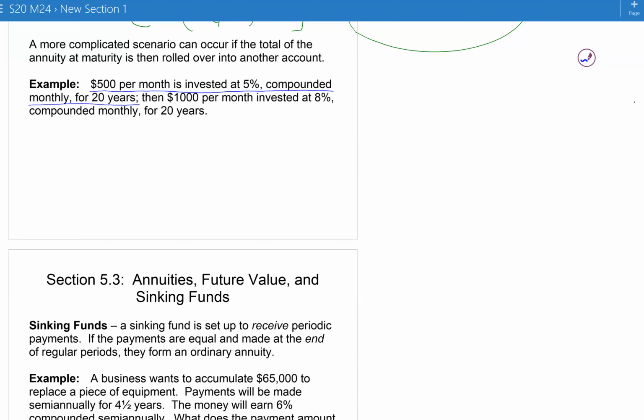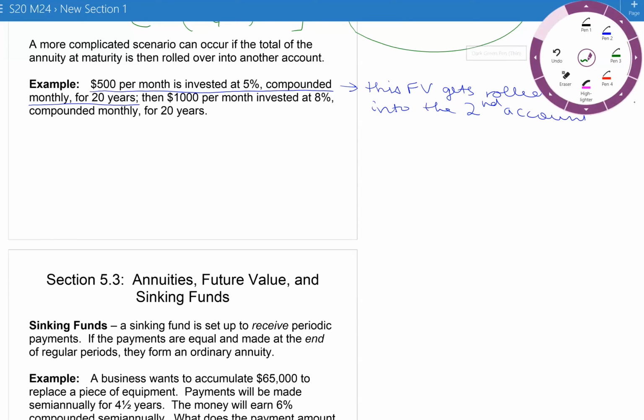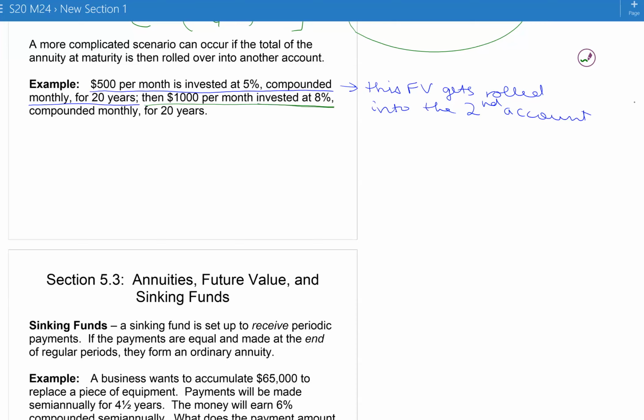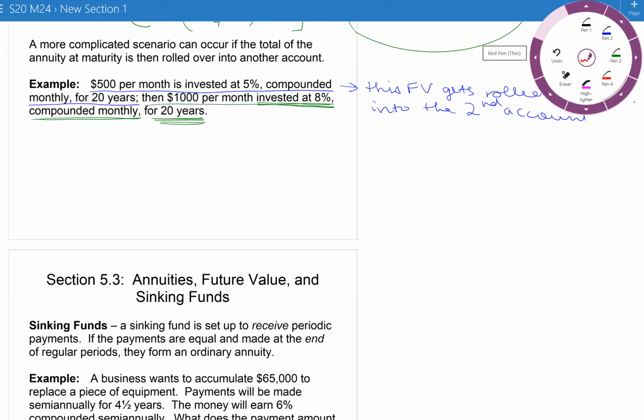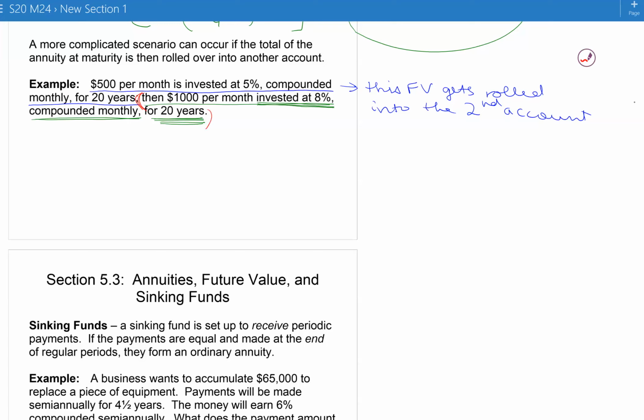Then they don't say this explicitly in the problem, but this future amount gets rolled into the second account and is subject to the situation of the second account, where it's 8% interest compounded monthly for 20 years. And then there's a second annuity that's $1,000 a month being put into that second account.